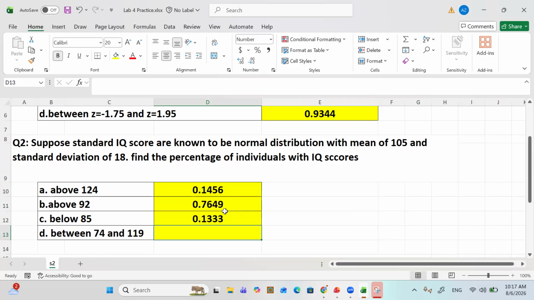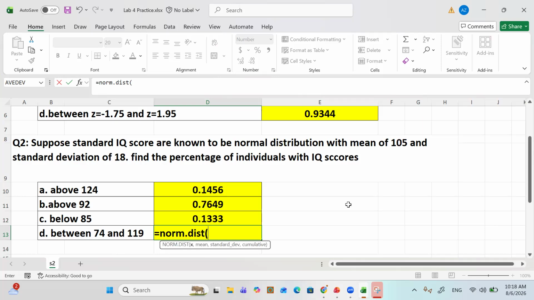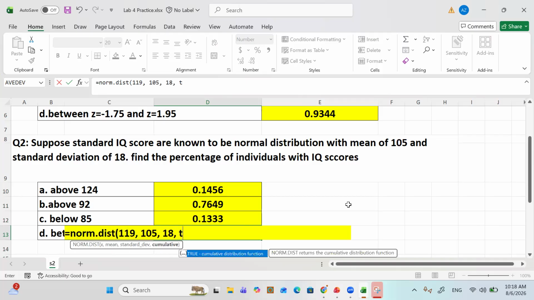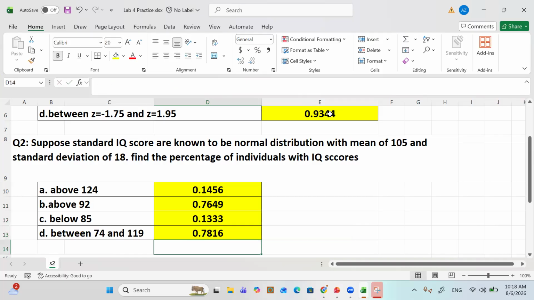It's 0.1333. And then part D is between 74 and 119. So we do area between, putting the bigger x value first, 119, 105, 18, true, minus the smaller area coming from the smaller x value, 74.